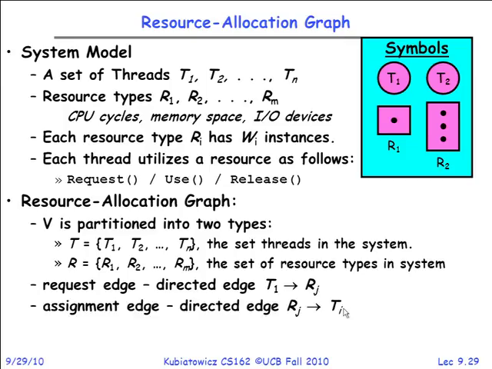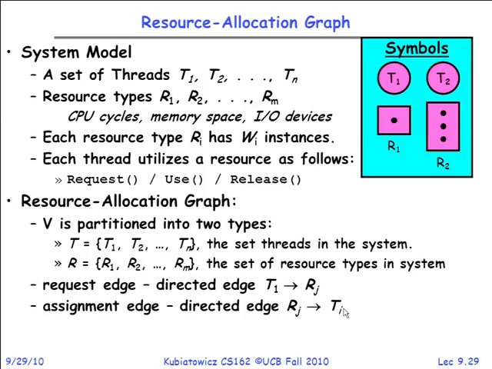So basically this is exactly what we were calling wait for earlier. So this thread is waiting for this resource, and this resource you could say is waiting for this thread because that resource is owned by that thread. So the tail of the arrow is the thing waiting for the thing at the head.